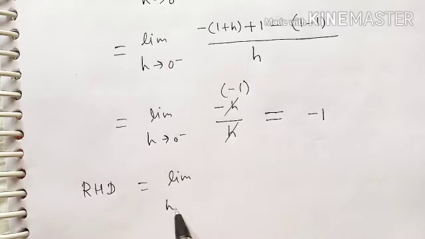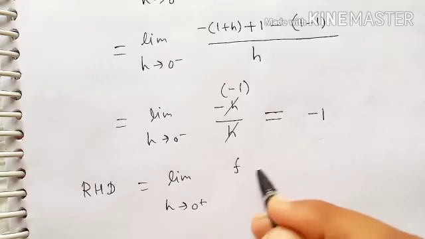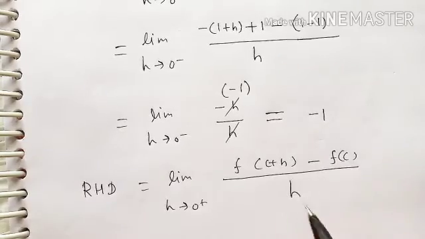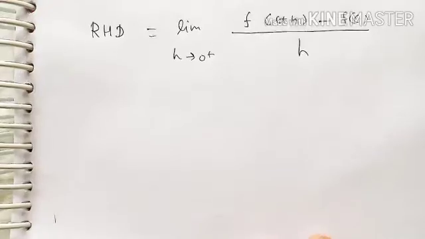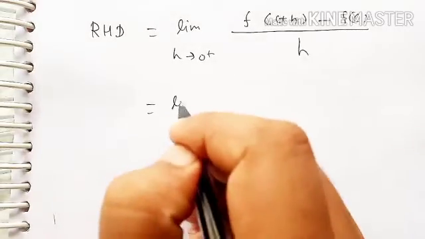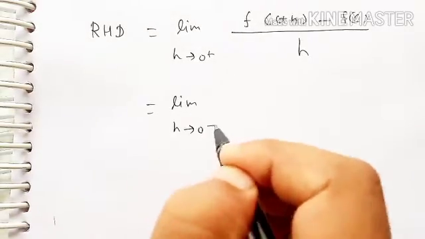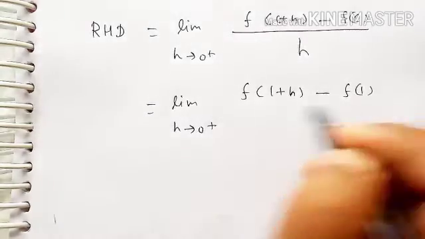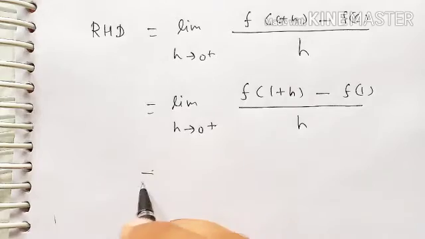Now RHD. Limit h tends to 0 plus of f(c + h) − f(c) by h. Here c is 1, so limit h tends to 0 plus of f(1 + h) − f(1) by h.